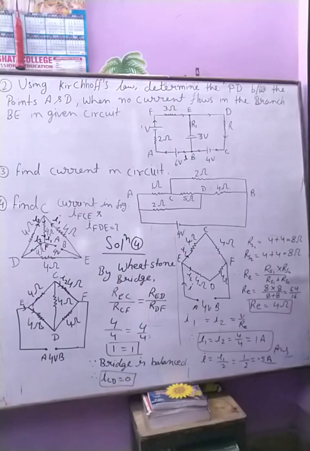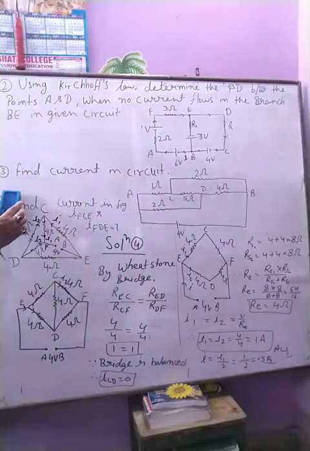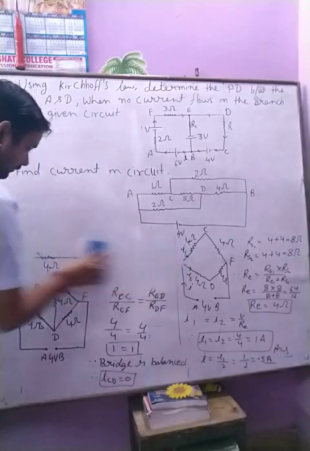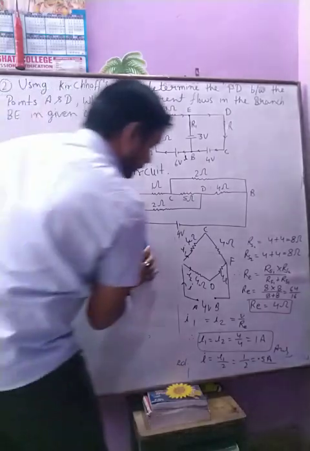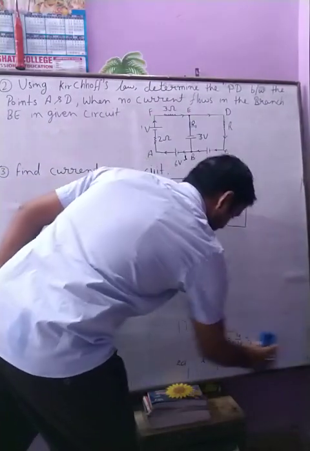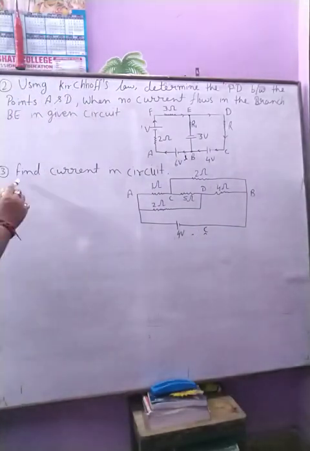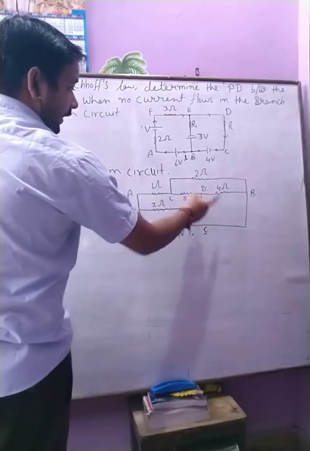Now we go to solve question number 3rd. Now we have to find the current in the circuit, and the circuit is shown like this.